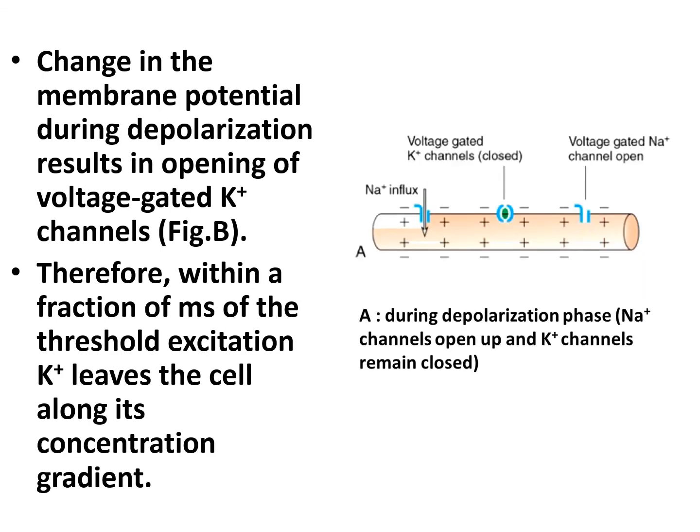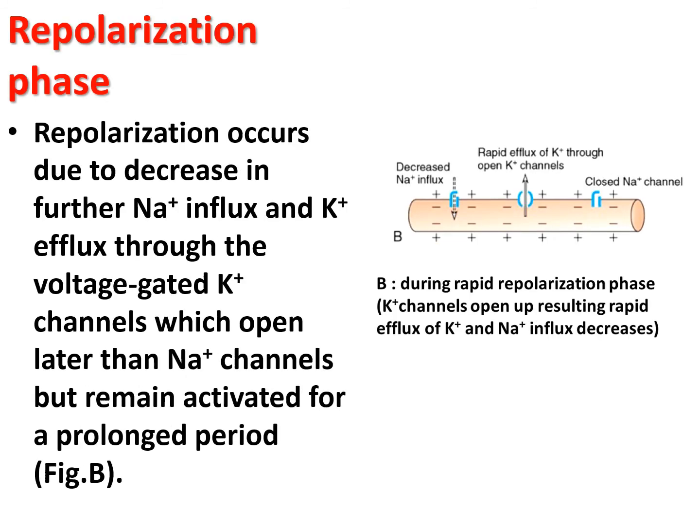Now, the change in the membrane potential during depolarization results in opening of the voltage-gated potassium channel. Therefore, within a fraction of a millisecond of the threshold excitation, potassium leaves the cell along its concentration gradient. Then comes the repolarization phase.